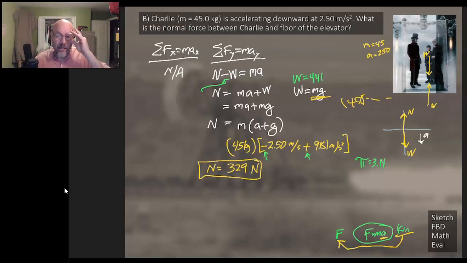Now under equilibrium conditions, when we look at our y forces, the sum of those is 0, N minus w is 0, and so the normal force is equal to the weight.